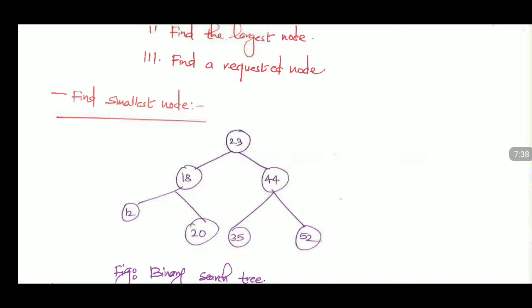As I told earlier, in case of a binary search tree, we organize the nodes in such a way that elements in the left subtree are less than the root, and elements in the right subtree are greater than or equal to the root.